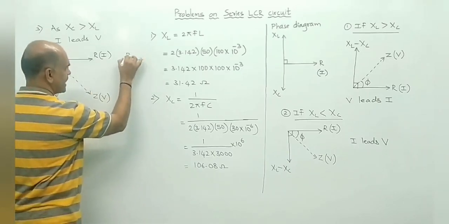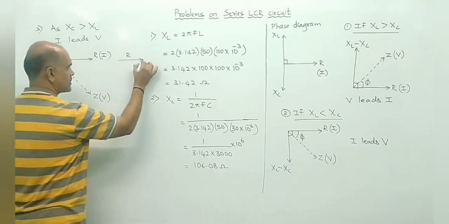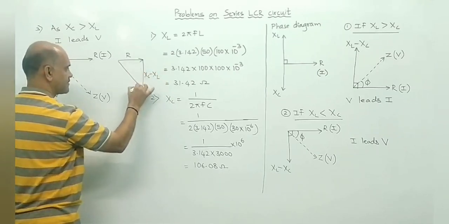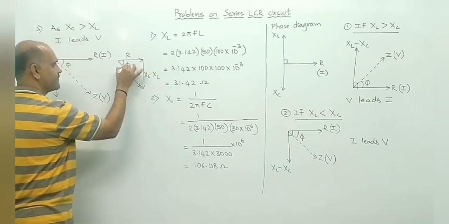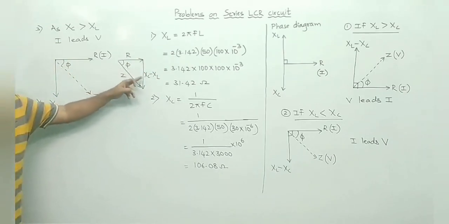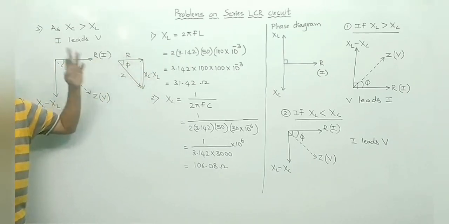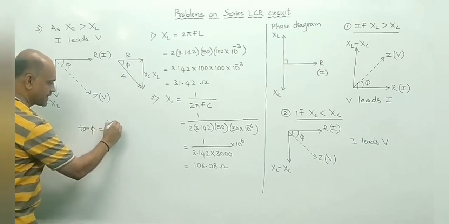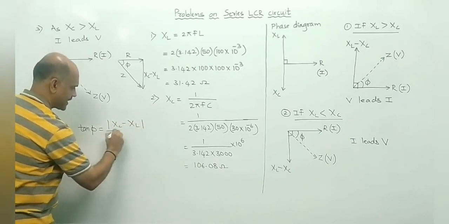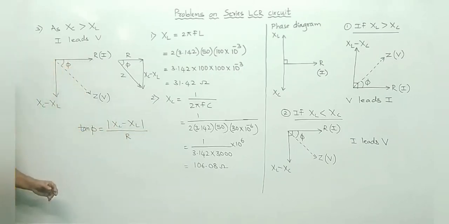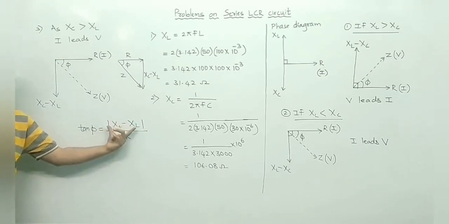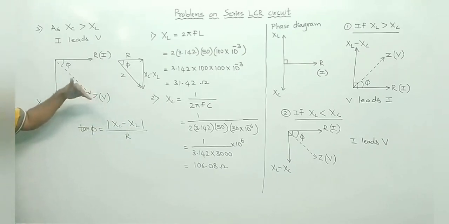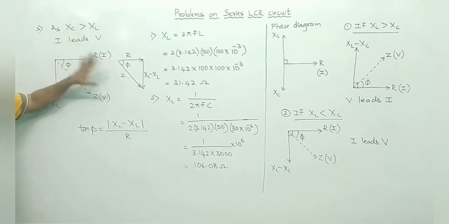Along this direction I have R, along this direction I have XC minus XL, this is nothing but Z, and this is phase phi. So tan phi will be equal to XC minus XL by R. You can even take XL minus XC in mod, so that I get a positive angle. Whether current is leading or voltage is leading, I have already denoted.